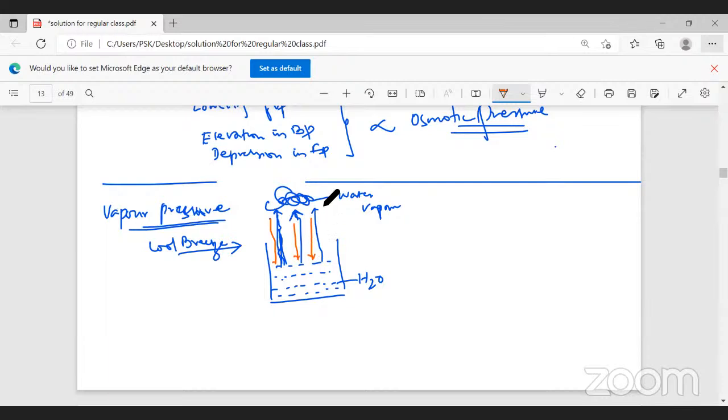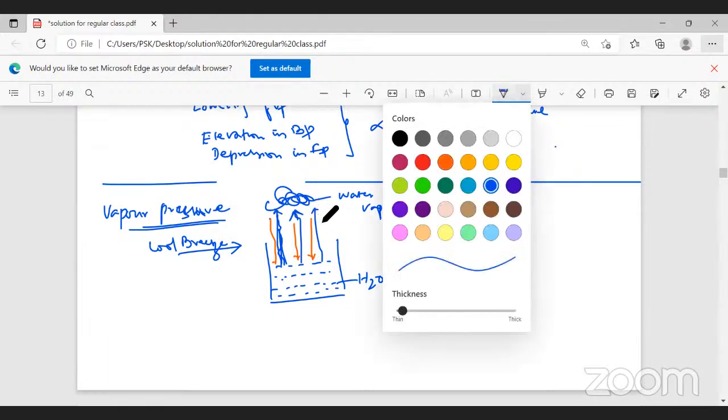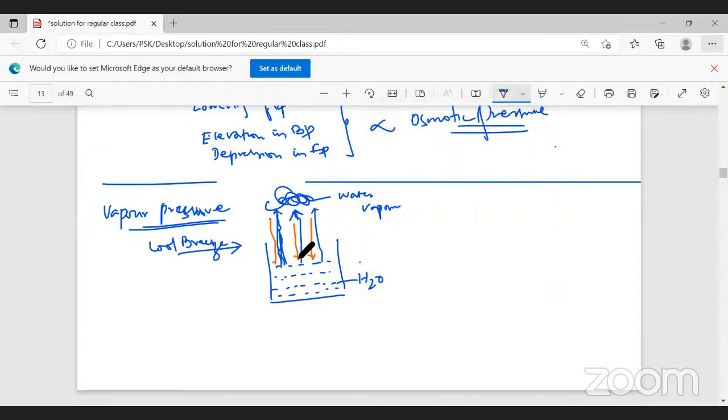Now, are you able to understand there is an equilibrium established between the water vapors and the water? Can you observe that? There's an equilibrium between water vapors and water.